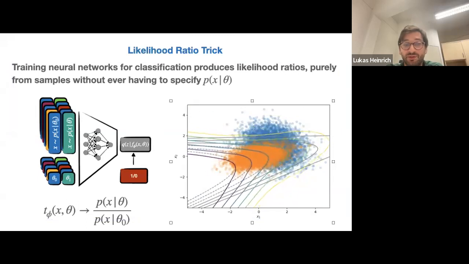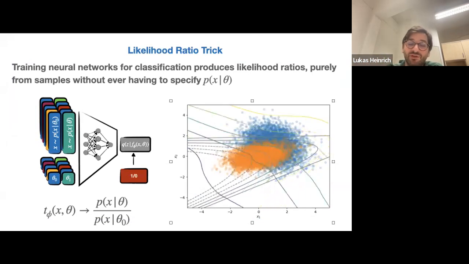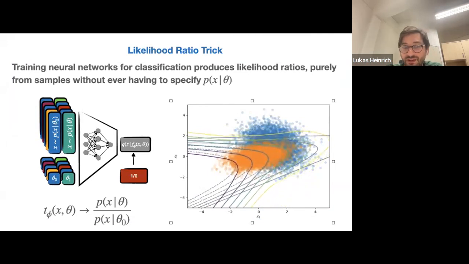Yeah, so here what you can show is, it's a well-known result that has been around for a very long time, that if you train a neural network for classification and plot the decision boundary, the decision boundary will be the likelihood ratio, right? And so by formulating the search for a good test statistic as a variational search in the space of functions, you can find a likelihood ratio without formulating the individual numerator or denominator.